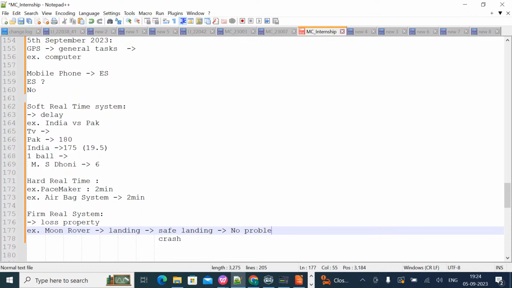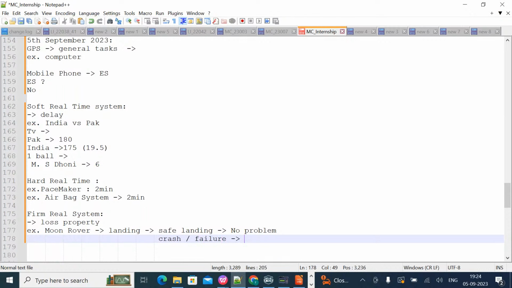So are you going to lose the property? No, because it's a success, correct? But if there is a crash landing, that means if there is a failure, what happened? Don't you think if there is a crash landing, you're going to lose the property here?